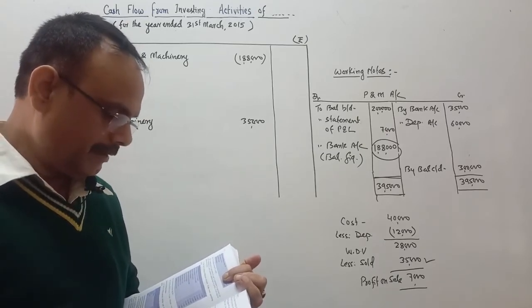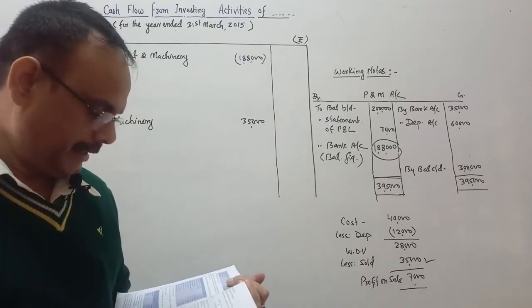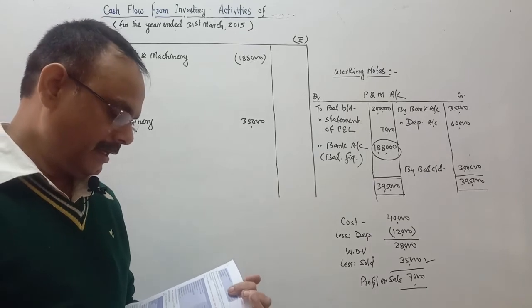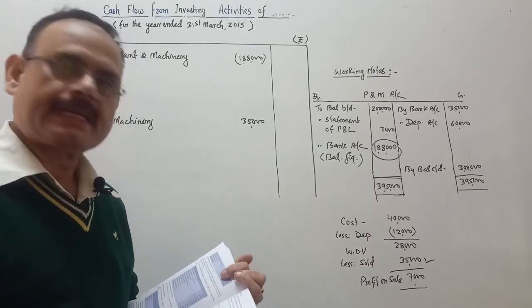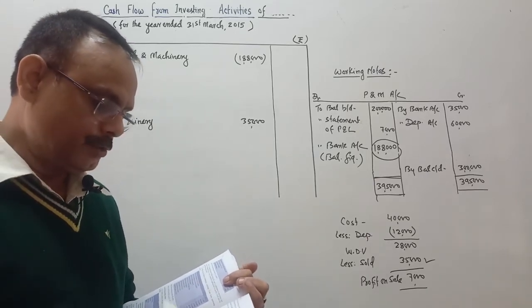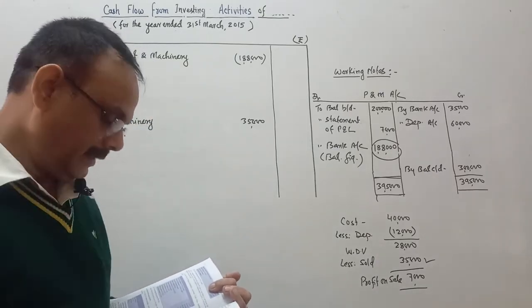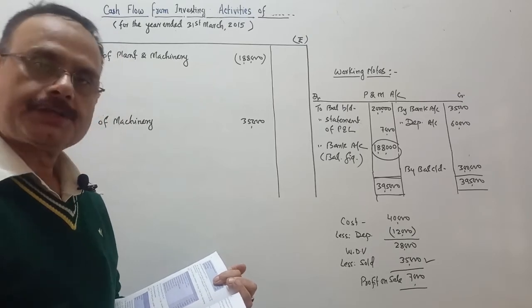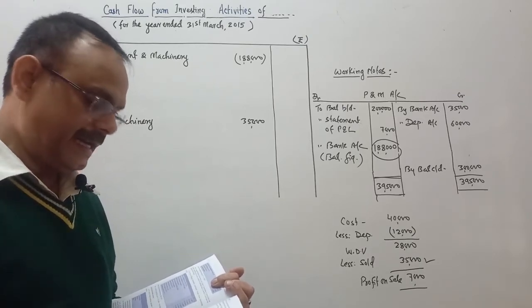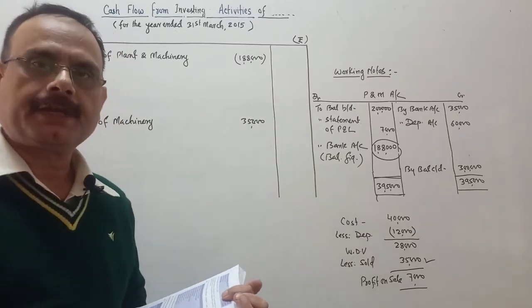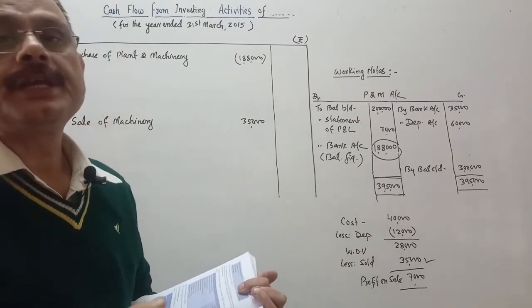Now coming to the investment in land. Last year in 2014, investment in land was 6 lakhs, and in 2015 it becomes 16 lakhs.